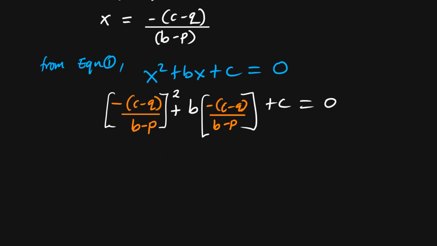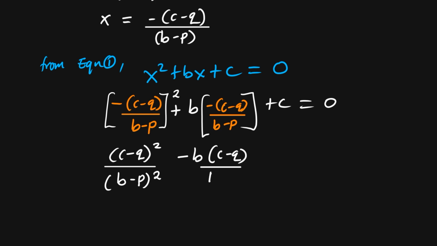So this is the same as (c minus q) squared divided by (b minus p) squared minus b into (c minus q) divided by (b minus p) plus c equals 0.